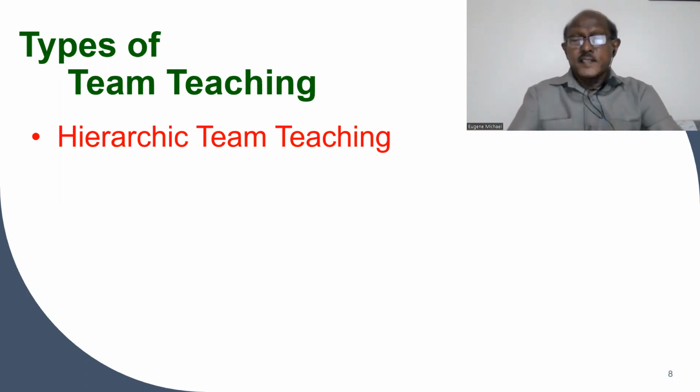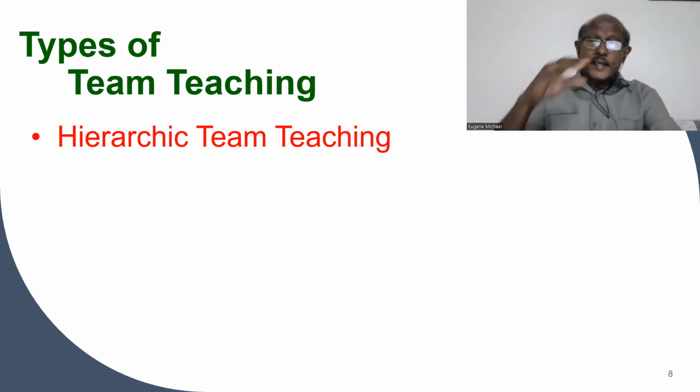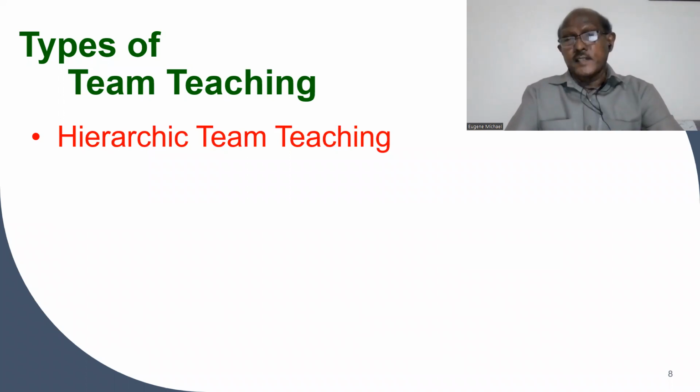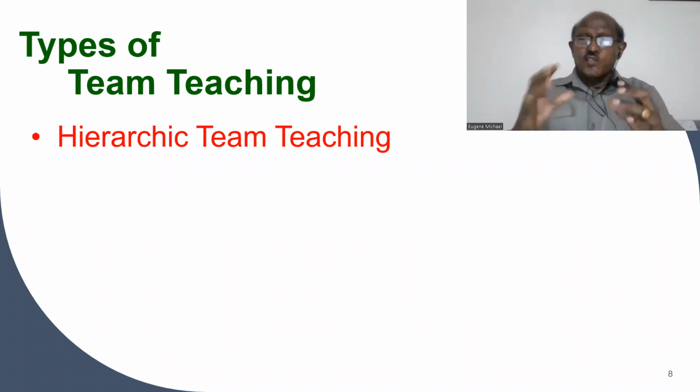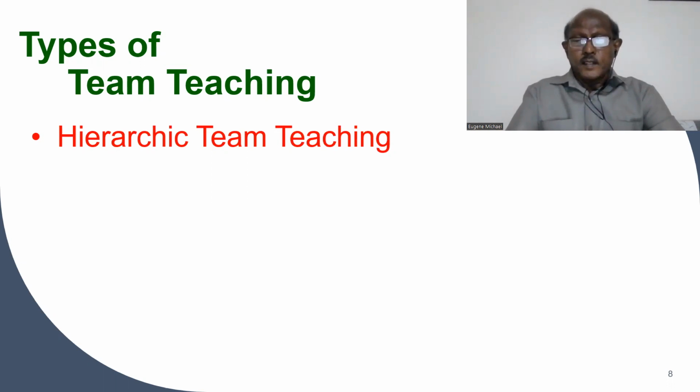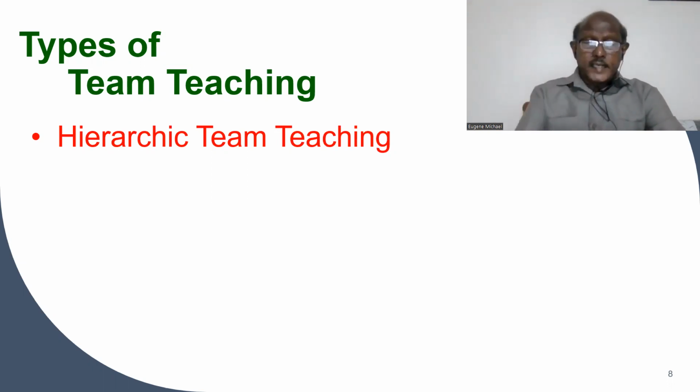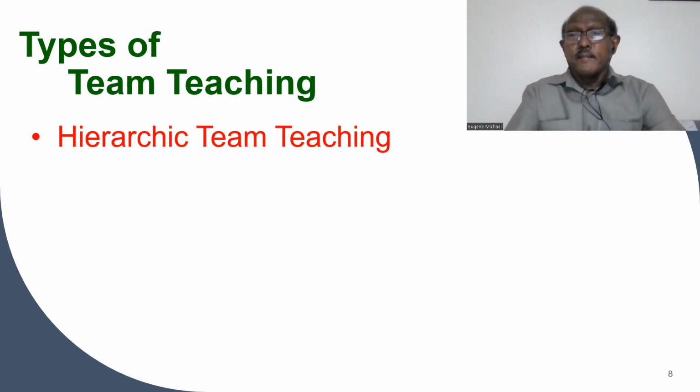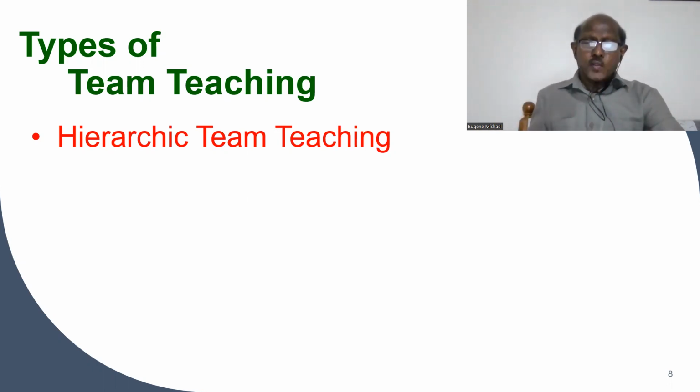This type is just similar to a pyramid where different levels of teachers are organized in a structure from top to bottom. The team leader is placed at the top, the mid-level teachers just below the team leader, and normal teachers at the bottom.